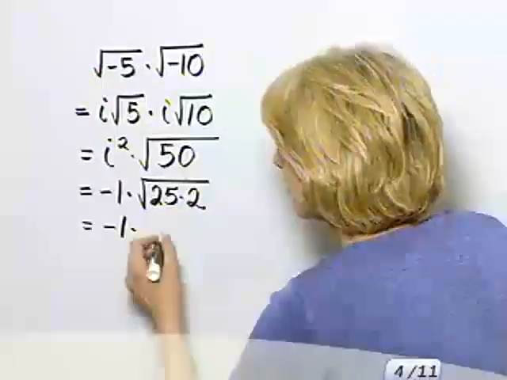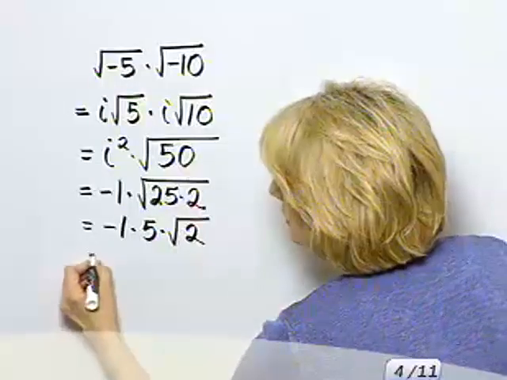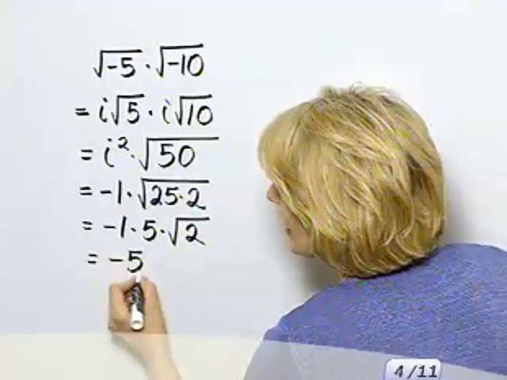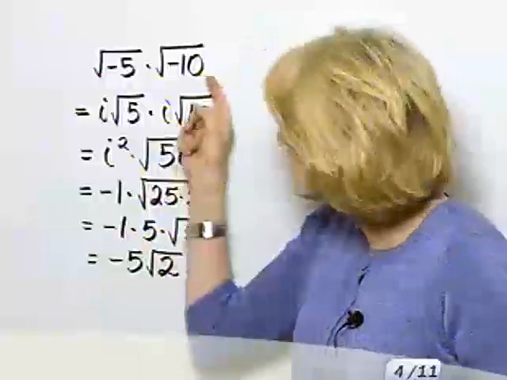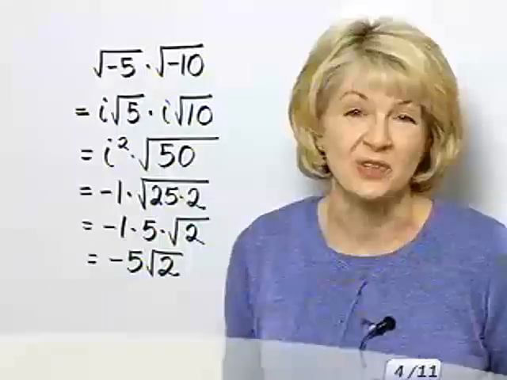Square root of 25 is 5, and then we do have the square root of 2. And then look what we have. Negative 1 times 5 is negative 5 square root of 2. This product is negative 5 square root of 2.